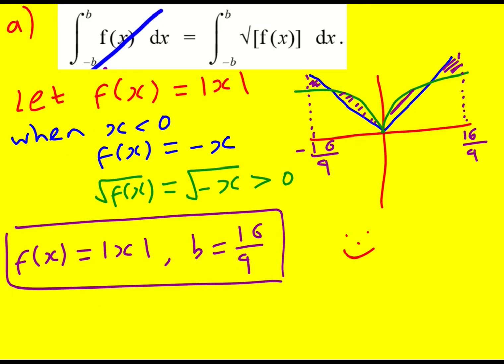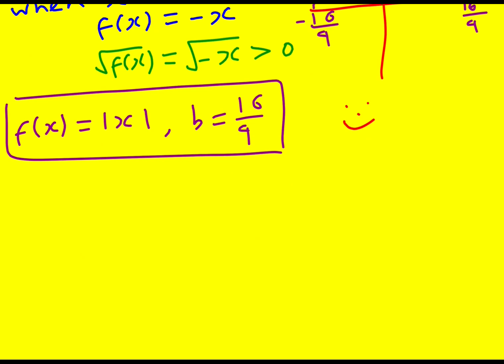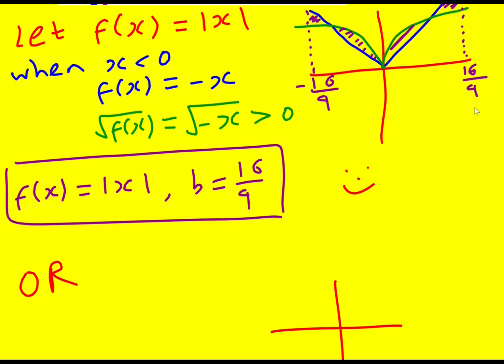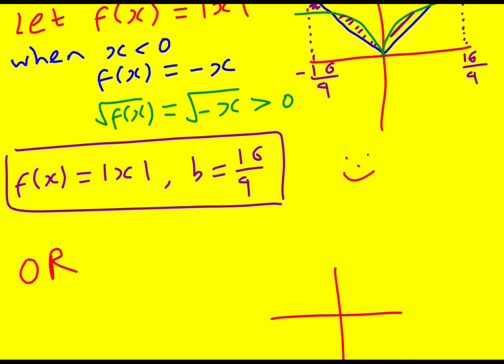Just for info, another way of doing this question would be to take the function that we have, and we know that it's between 0 and 16 over 9, it's the same. So if we translate in the negative x direction by half of that, that is 8 over 9, we're going to get something that looks a little bit like this.